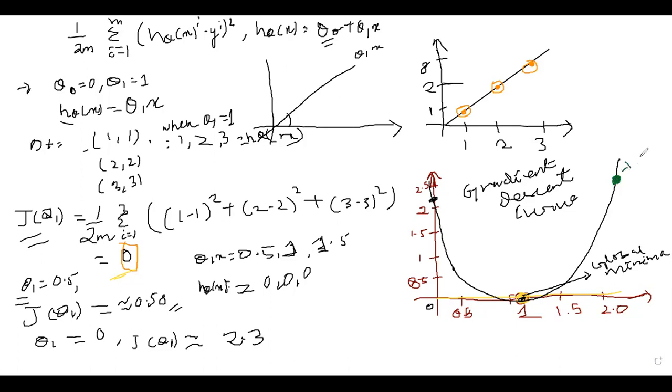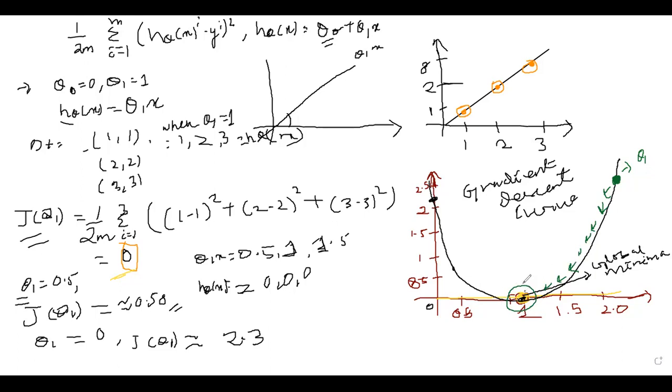That means we start with one theta 1 value, and then I update my theta value so that it reaches towards the global minima. We want to find at what theta 1 value I am reaching this global minima.